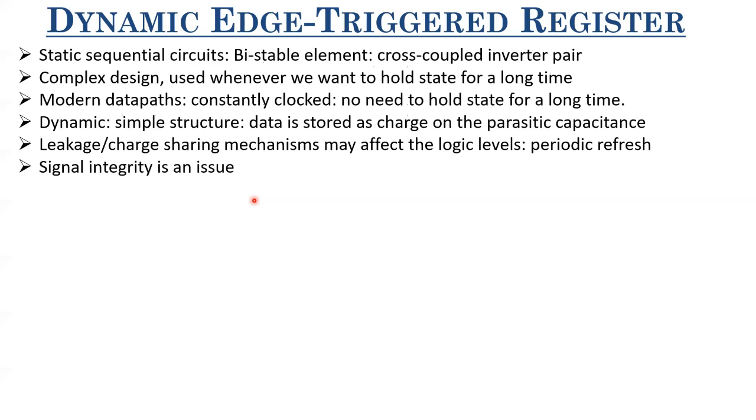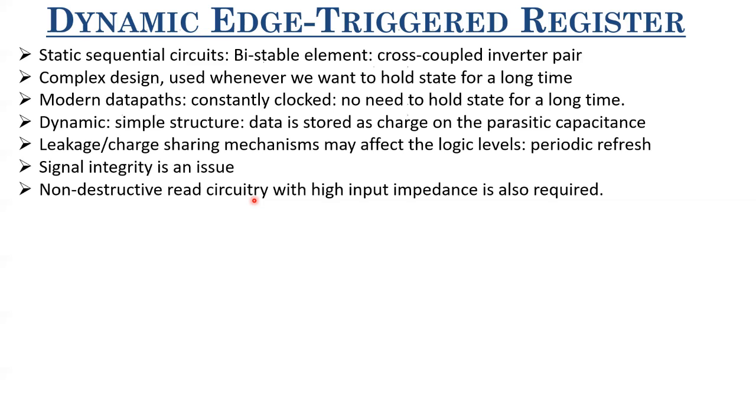So if you extract some amount of charge, you are basically disturbing the data. So it's like a destructive read process. In order to read this, what we need essentially is a non-destructive read circuitry, which takes in as small a current as possible. That is, a read circuitry having a very high input impedance that takes a very small amount of current and does not disturb the charge on the parasitic capacitance. So this is another constraint with dynamic circuit design.